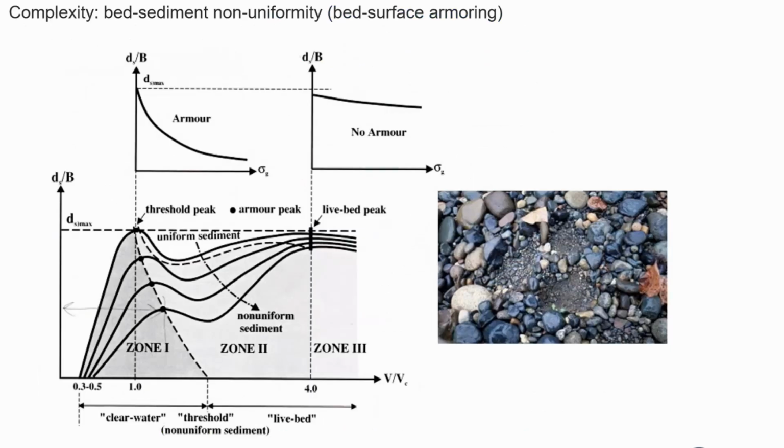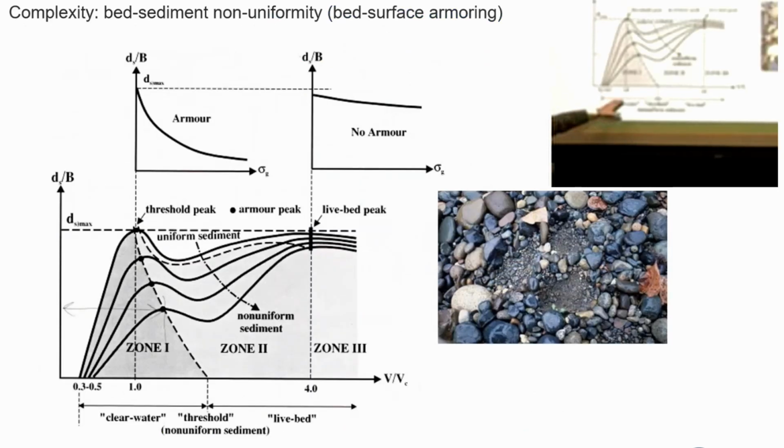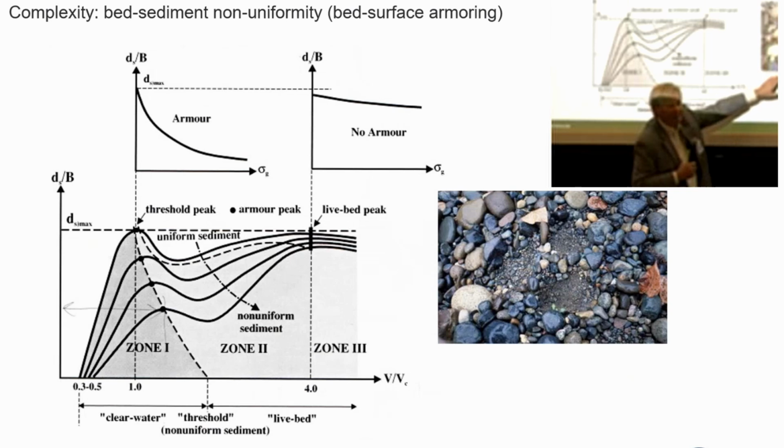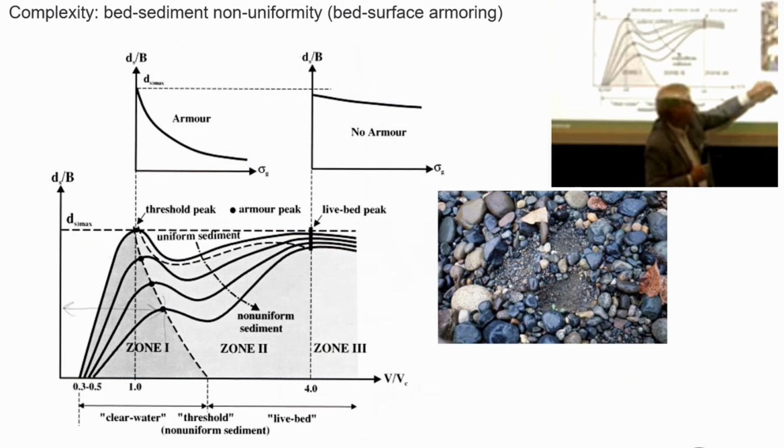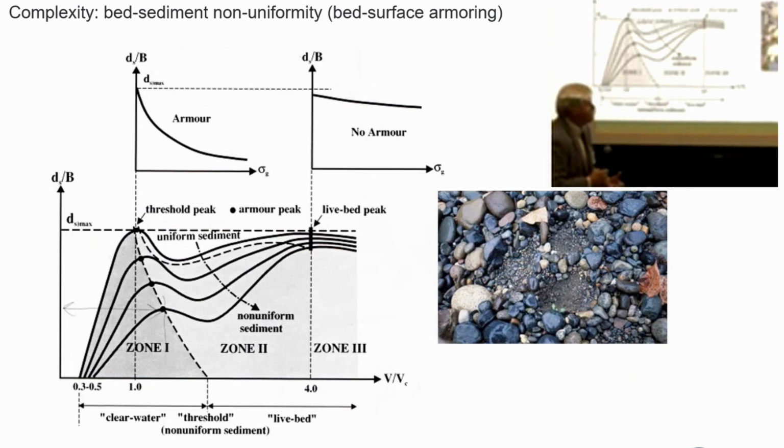So we have these sorts of plots where people, such as me, have done what happens if the bed is armored and you put a pier in that. And so effective armoring, non-uniformity of sediment, pulls the scour depth down, as you can imagine. You get the coarser particles on the bed surface, continue the clear water scour for a bit, but if you get coarser particles armoring, the deepest part of the scour runs to a halt.